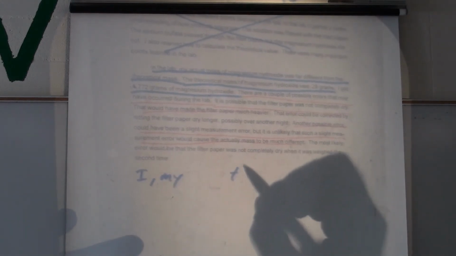You also want to try to write in the third person. Okay? So it is a lot easier to fix than you think. All you got to do is turn I or my into the or one. So for this, in the lab, instead of my actual mass, the actual mass of magnesium hydroxide was far different.